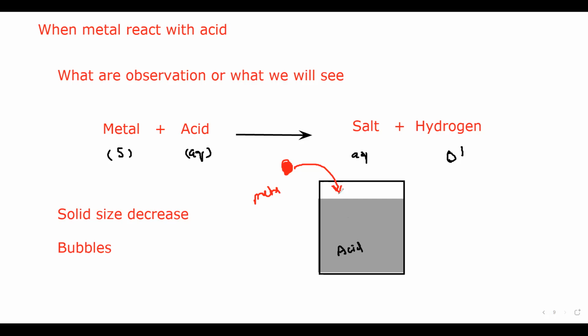As a result, metal plus acid will give salt and hydrogen gas. What we'll observe is that the solid, when it is reacting, its size is decreasing, and bubbles of hydrogen are seen around it. Is it clear? The reaction of metal with acid, the observation.